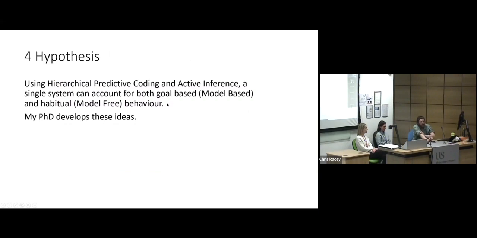So my PhD, as I say, I'm a mathematician that does a lot of coding, is using something called hierarchical predictive coding, which I'll explain a little bit more in a second. It's the hypothesis that a single system can produce both habitual behaviour and goal-based behaviour without it being two separate systems, justifying this idea that it's a continuum.